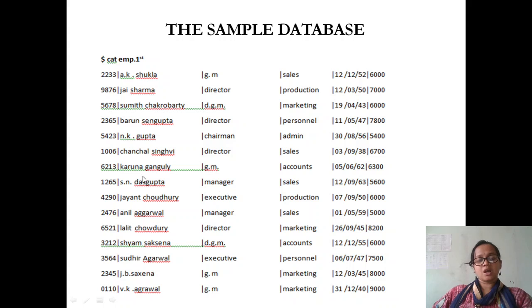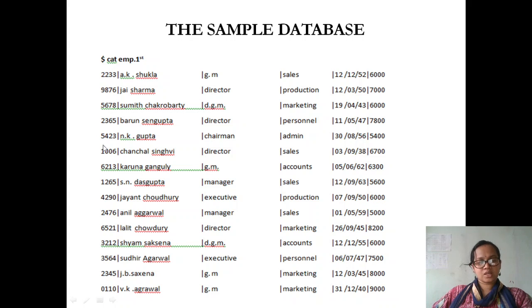Many commands are run on this particular database. The advanced topics, text editing and shell programming are all done with reference to this file called emp.first. Let's have a close look in order to understand the organization of this database.